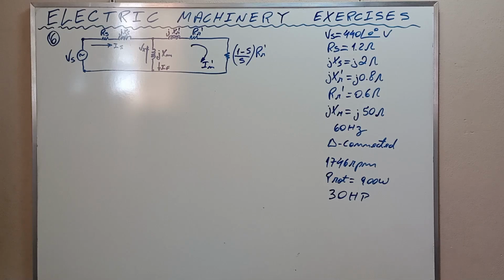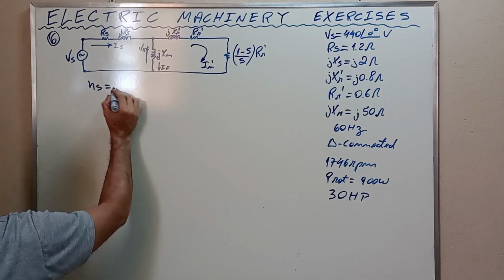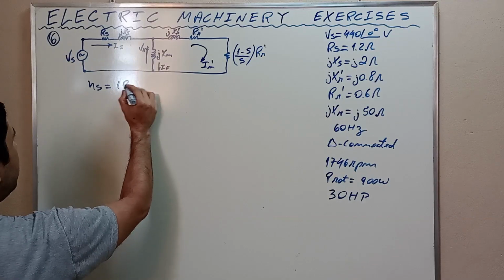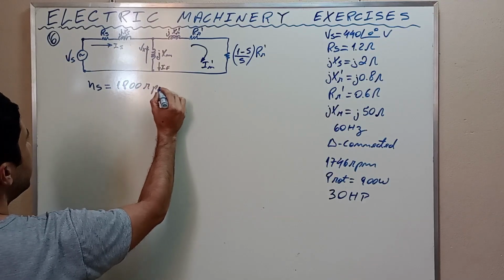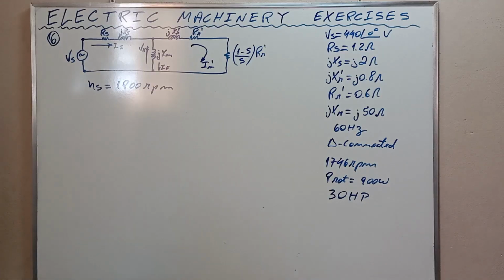Let's calculate. We know that the synchronous speed of a 4-pole induction motor is 1800 RPM. Then it is possible to calculate the slip.